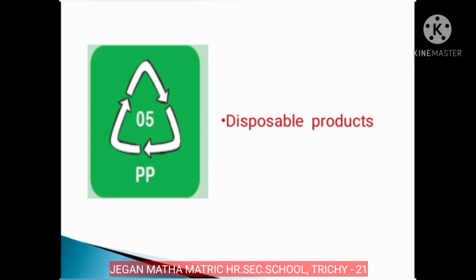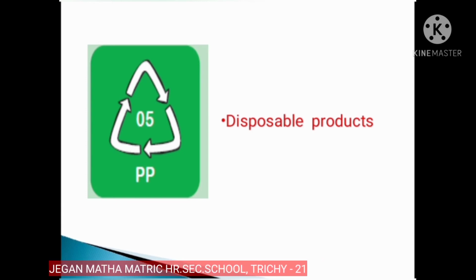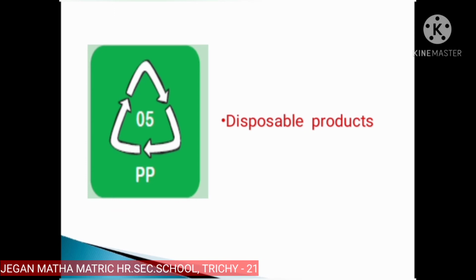This type of plastic is also considered one of the safer plastics. Non-woven PP fabrics are made so that they can be used in disposable products that you usually throw away after one use. So resin codes 2, 4 and 5 are safer plastics.